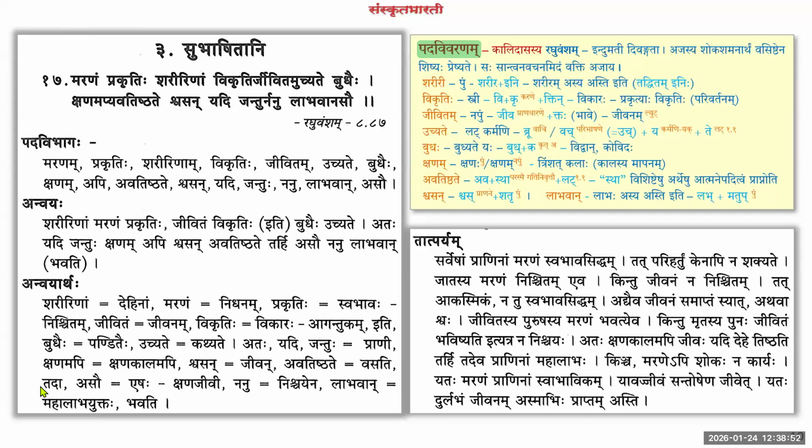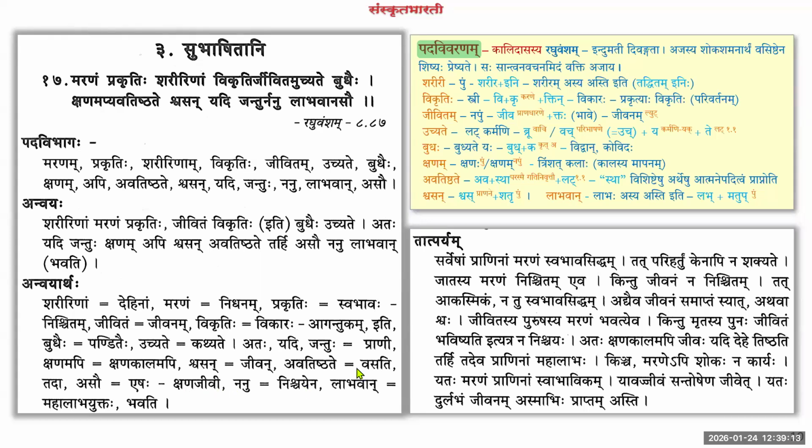See, simple. Tada is not there. I think they have extended it in. They should put it in brackets. There is no tada anywhere. Asau yeshaha. They have switched to the more common variation we use. Tad shabda, etad shabda, yeshaha. Kshanajivi.